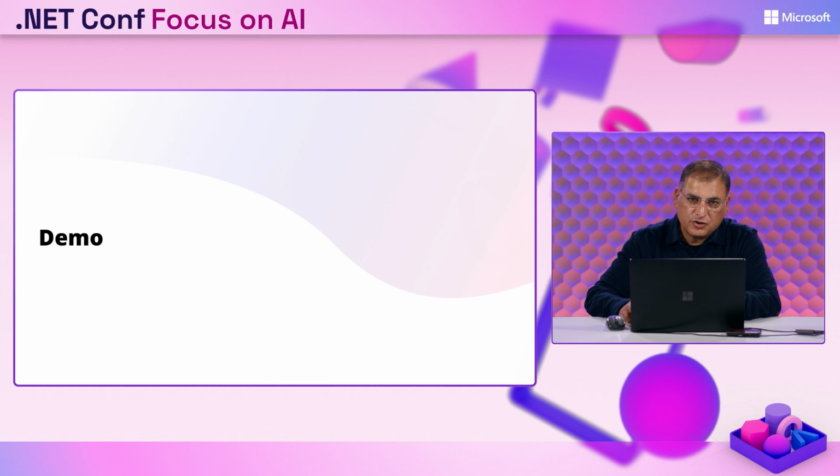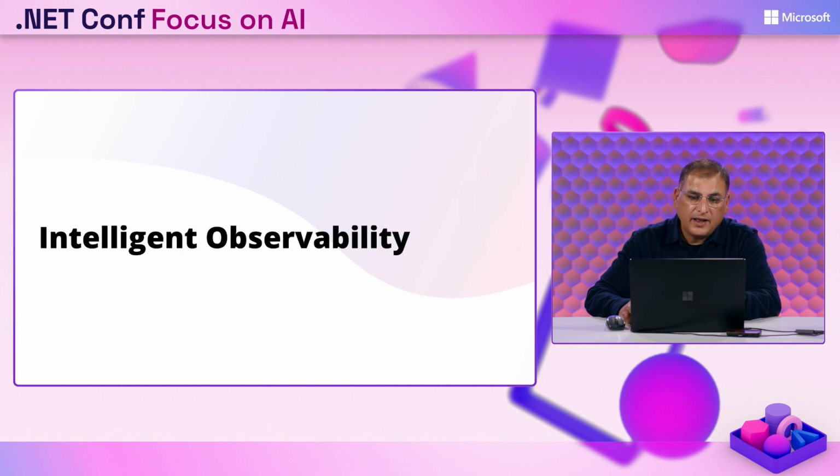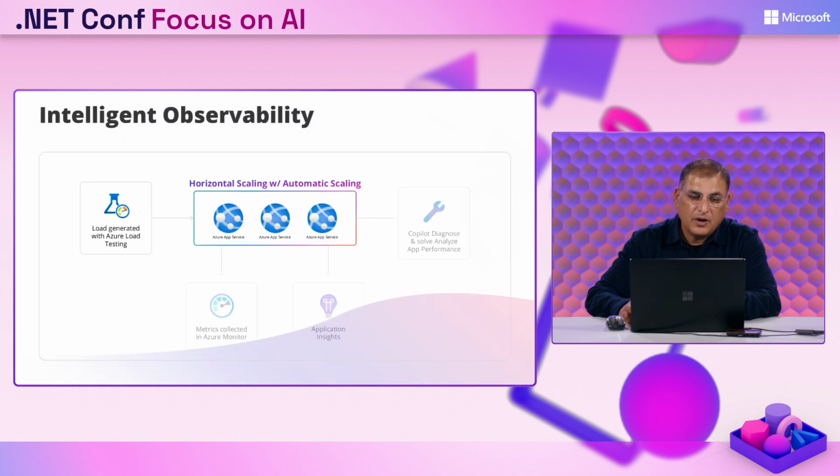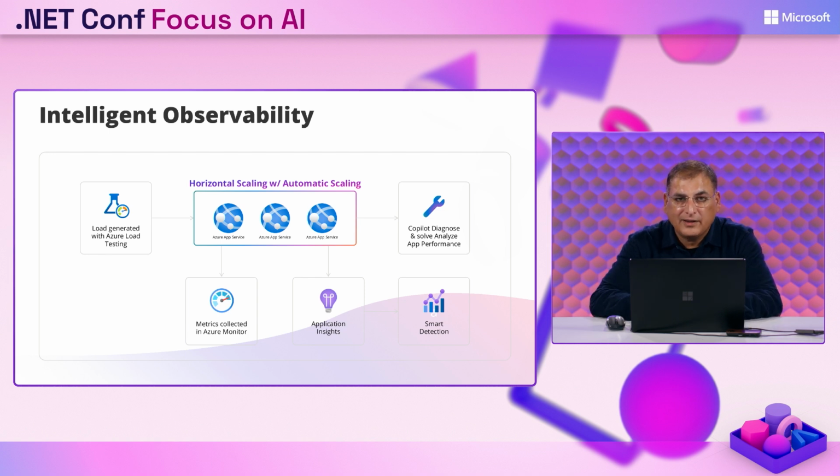Before I switch to code and demo, I also want to quickly talk about intelligent observability. If you remember, I did say that if you have a requirement where you want to use the sidecar feature for bringing in some of our partner offerings, which could again be AI assisted for logging and auditing, you could use the sidecar feature for that.